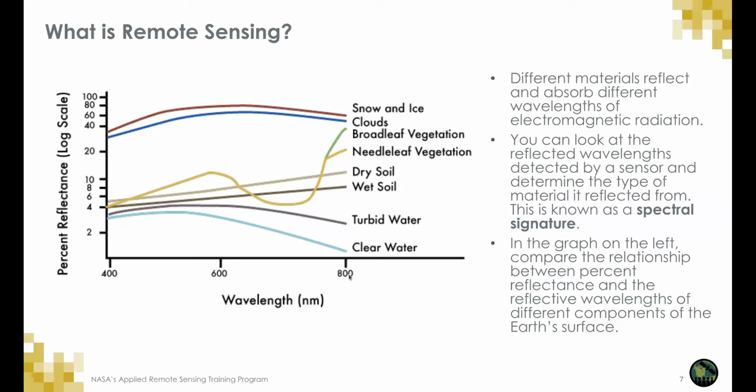Then it goes up towards 800. So remember what I just mentioned. Leaves need a mechanism to maintain their temperature. The point where the leaf is reflecting off the highest, that is heat.